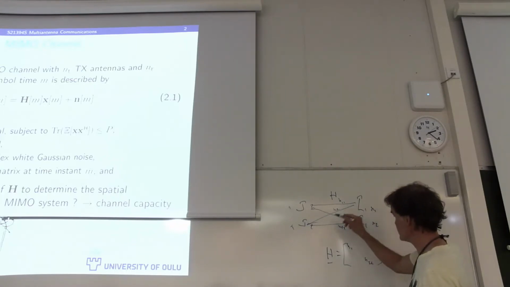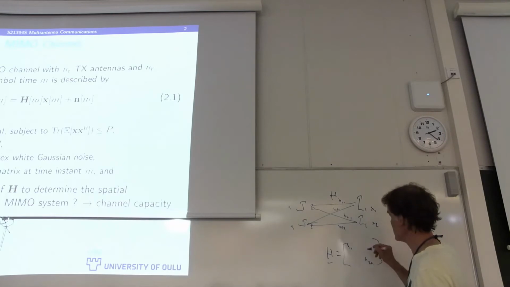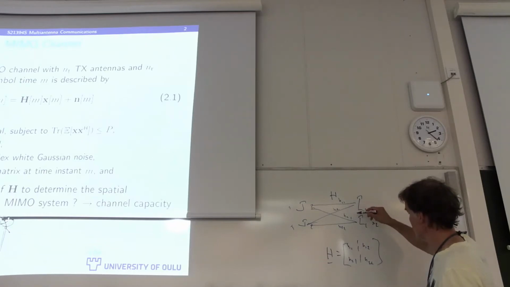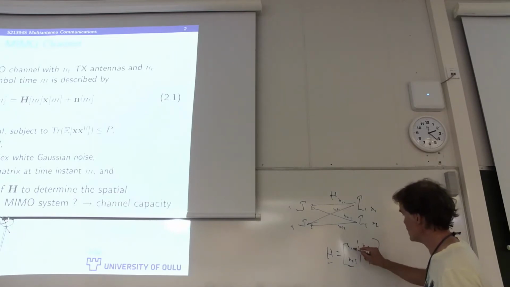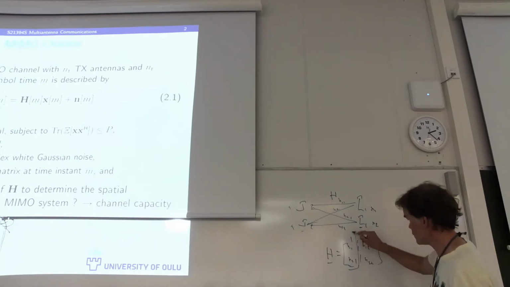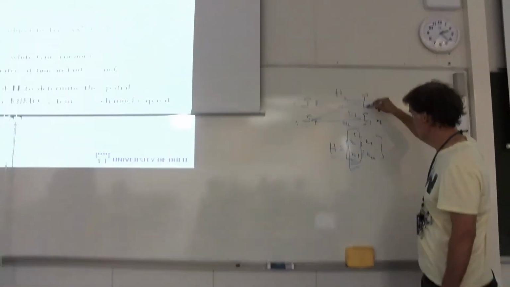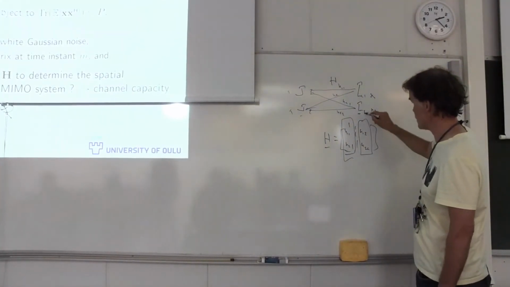Then that's how you define this. Call this h12 and h21. This channel vector corresponds to the first transmit antenna, and this one to the second transmit antenna.